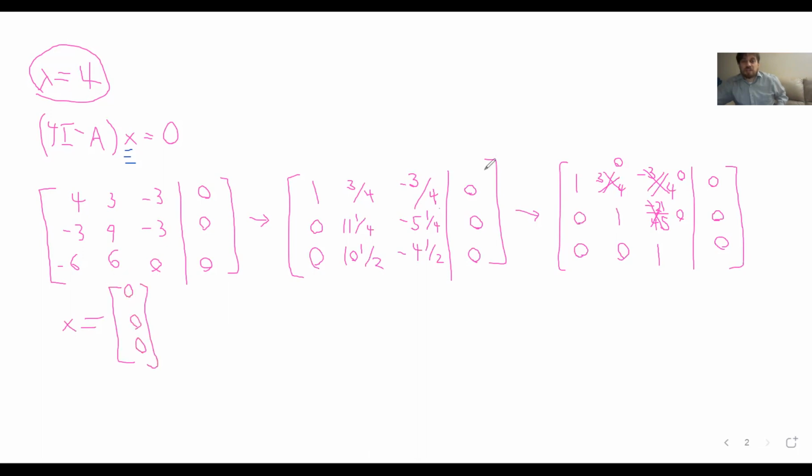All three components have to be 0. That's the only solution. So the eigenspace is just the 0 set, and a basis for the 0 set is the empty set. So a basis for the eigenspace corresponding to lambda equals 4 is the empty set.